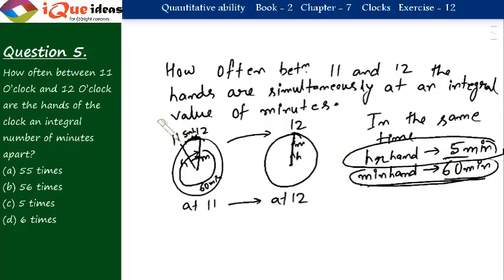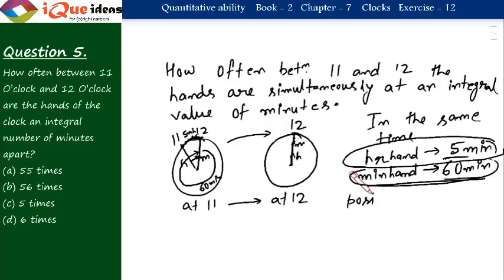All right. So that means now the hour hand was already at a position of 55 minutes and it has to go up to a position of 60 minutes. If I divide the entire circle of the clock into 60 parts, each part will represent 1 minute. So already the hour hand is at a position of 55 minutes. It has to go from 55 to 60.